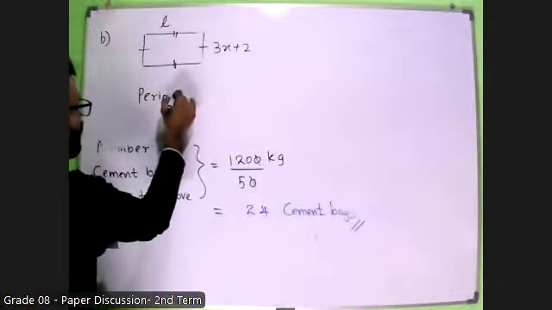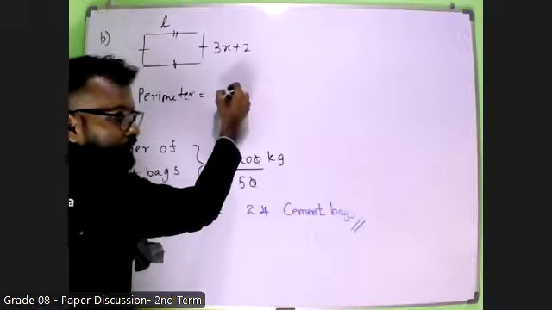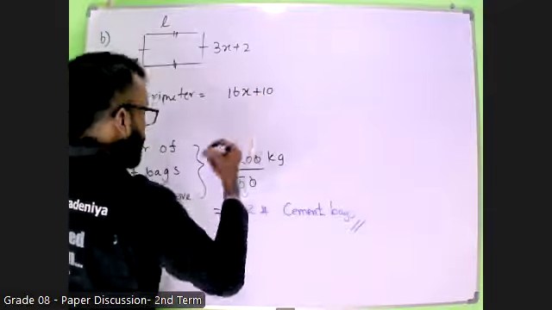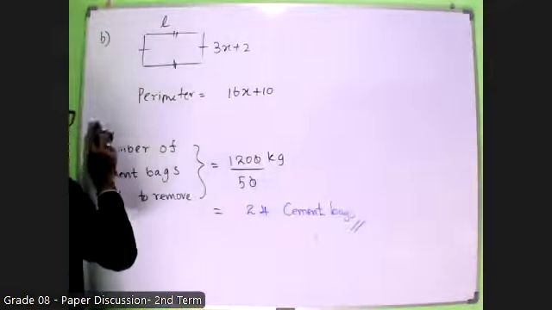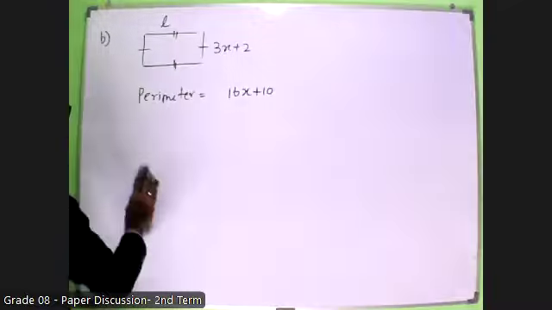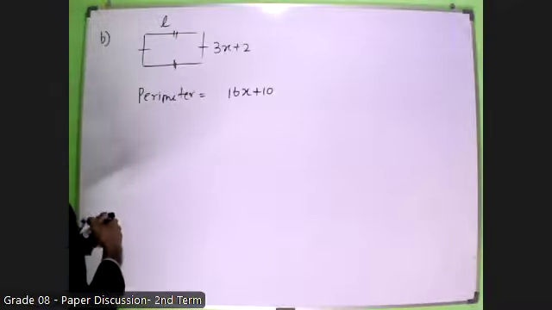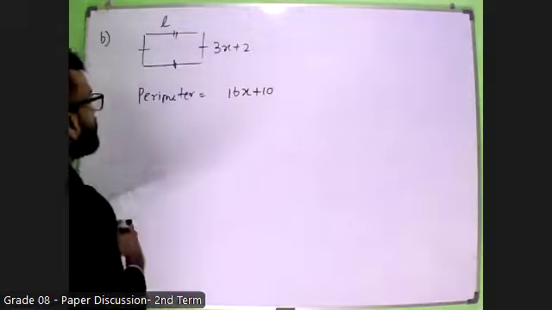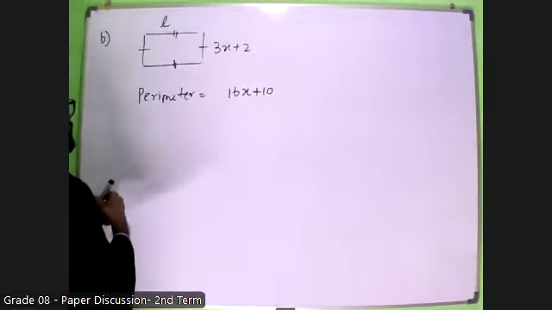Perimeter equals 16x plus 10. You know how to find the perimeter of a rectangle. We have discussed it previously.